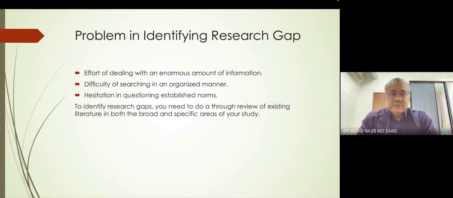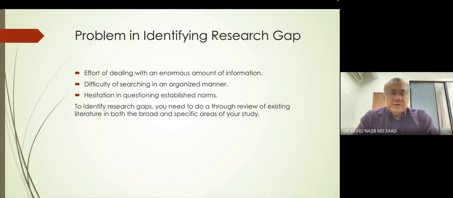Being overwhelmed with so much information makes it not easy for the researcher, especially the student, to identify the research gap. That's number one, an enormous amount of information to analyze in order to identify the research gap.